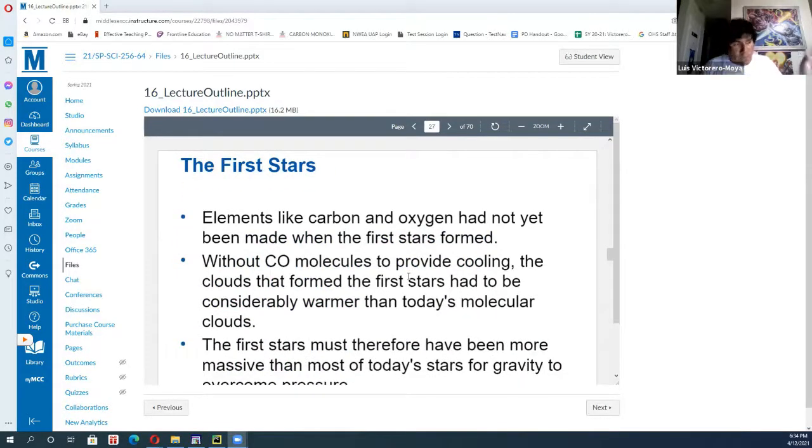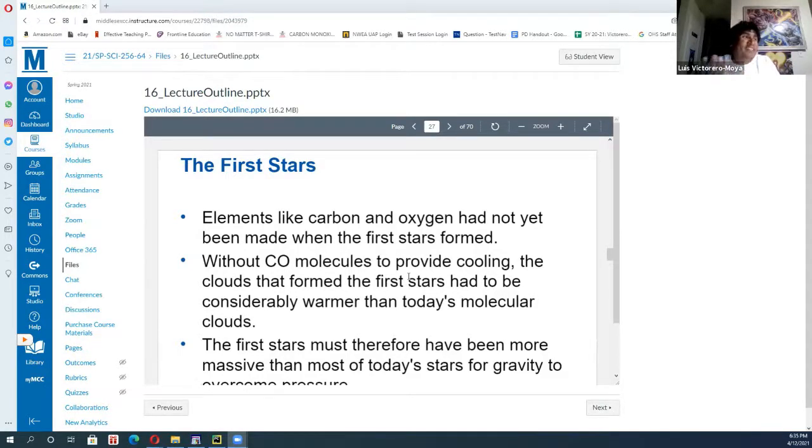Okay, let's make a parenthesis now. What about the first stars? After the Big Bang happened, after the dark ages, and after the recombination period, right? When you start having helium and hydrogen being formed, elements like carbon and oxygen had not been made because we know they are made in the core of stars.